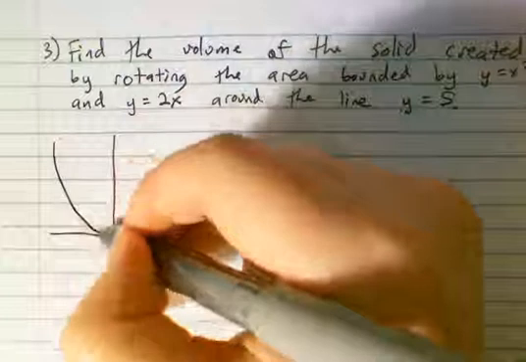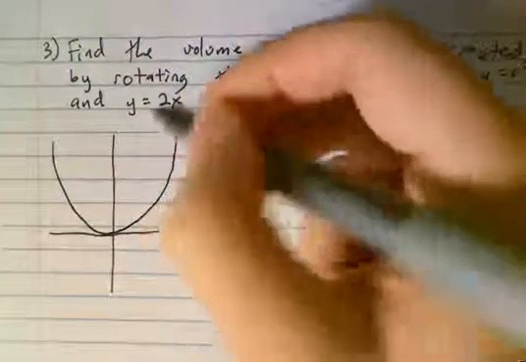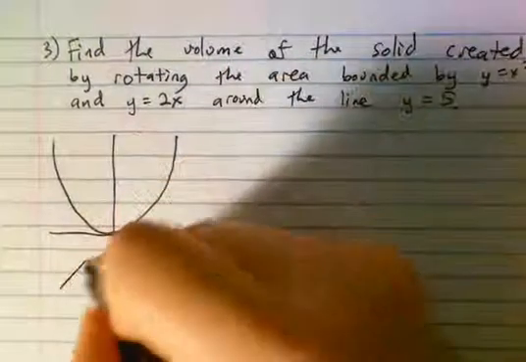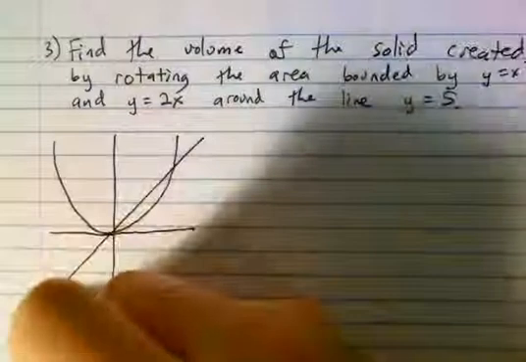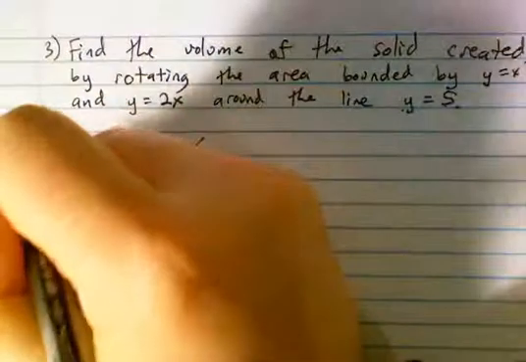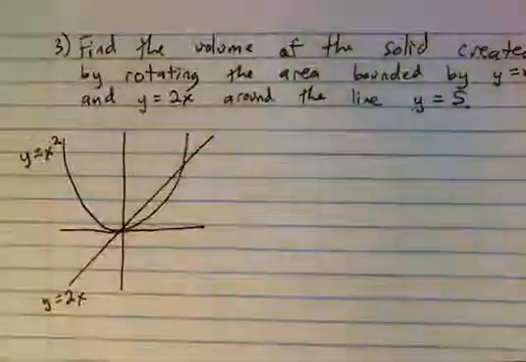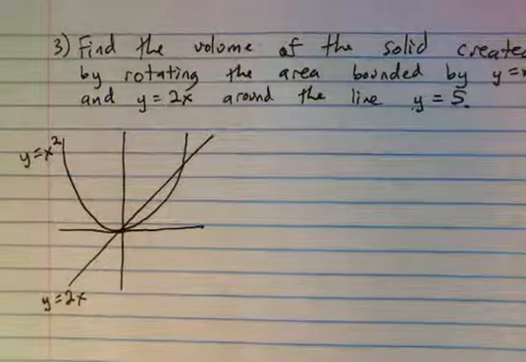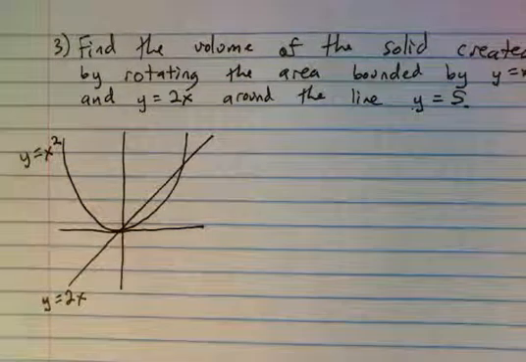Y equals x squared is right there. Y equals 2x. Y equals x squared. But our axis is going to be up here.